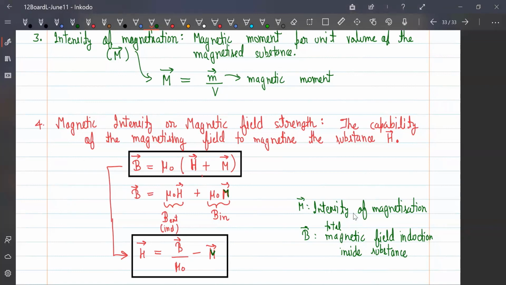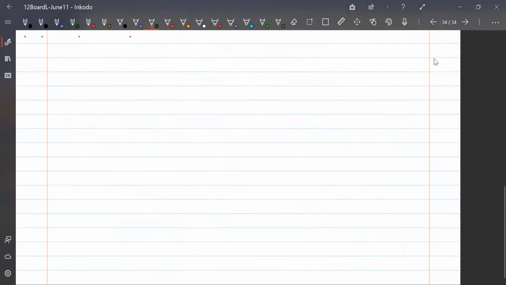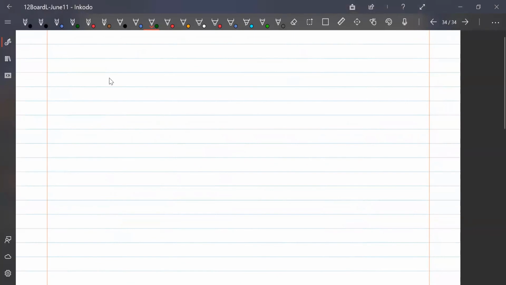Okay. After this, the next thing that we're going to define is the ratio of B vector and H vector. This is called the magnetic permeability. So what is B vector? B vector is magnetic induction.